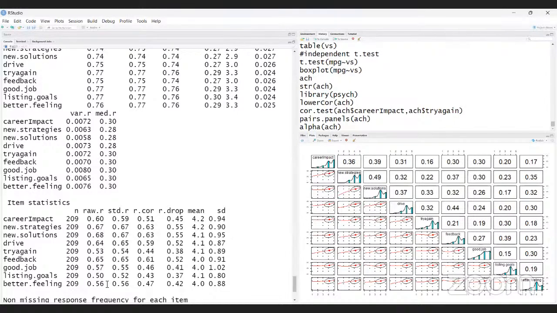So they are basically measuring the achievement motivation. Based upon this data, I find that people who are new solution oriented have high achievement motivation, and people who are new strategies oriented, and who always want feedback, have high achievement motivation. Okay. This is clear.